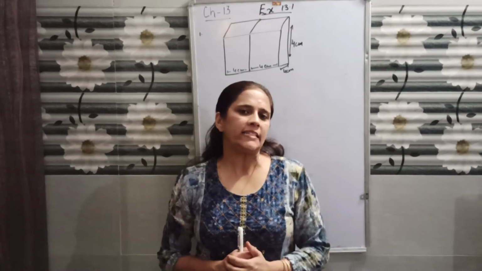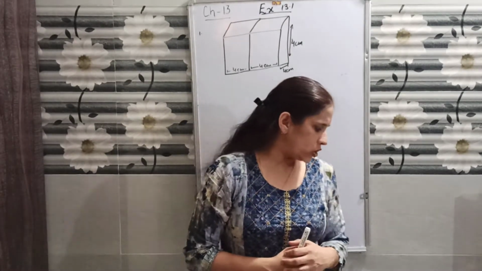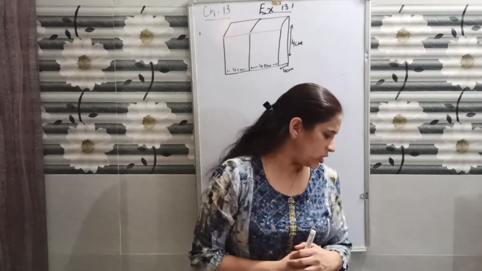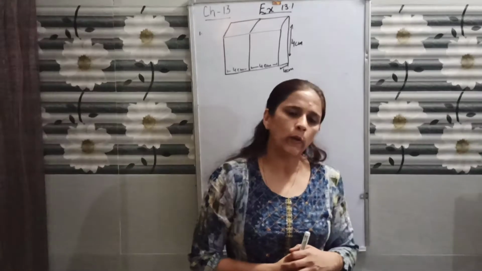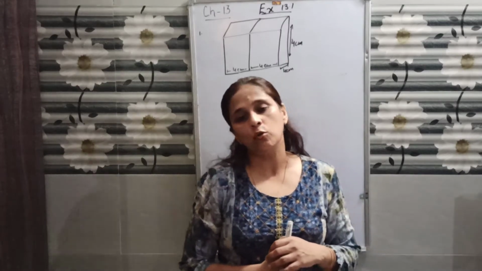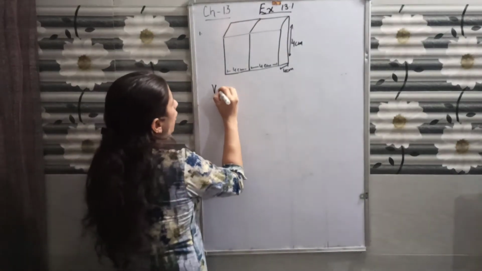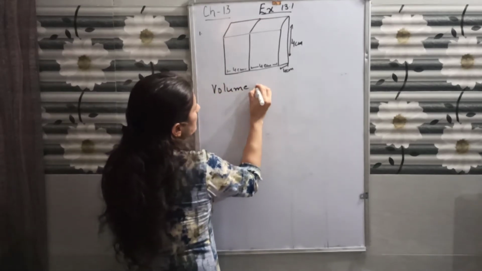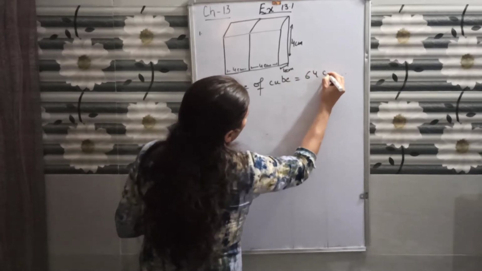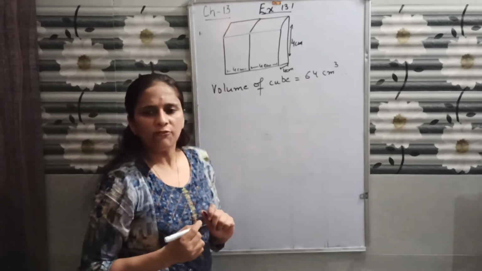Now let us start exercise 13.1. First of all, I am doing question number 1 for you. Question number 1: 2 cubes, each of volume 64 centimeter cube, are joined end to end. Find the surface area of the resulting cuboid. You are given that the volume of a cube is 64 centimeter cube.